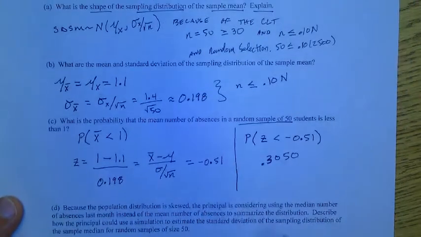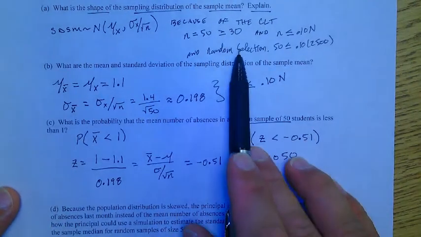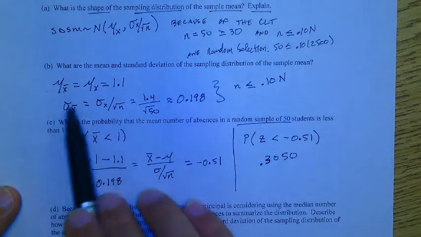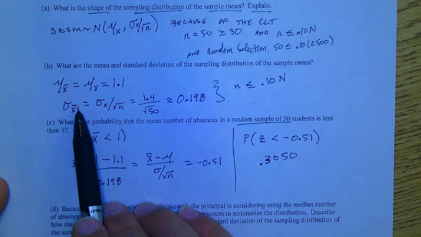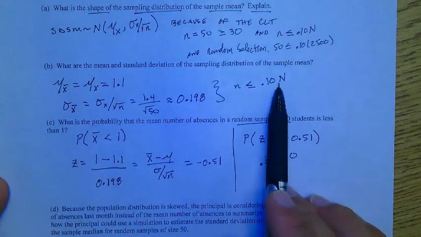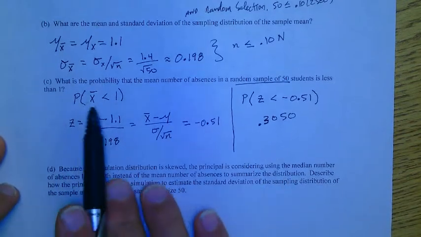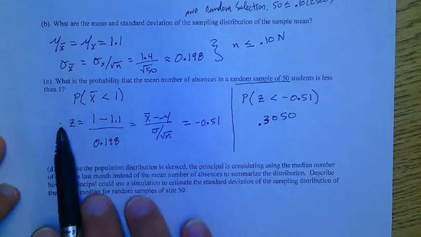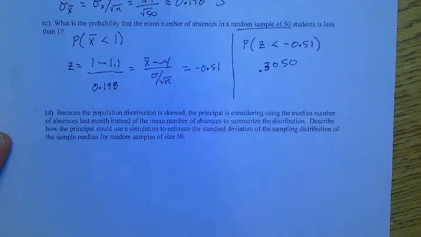Our shape is based on the central limit theorem and random selection, and we use our sampling distribution mean and standard deviation based on the 10% condition. Once I have that information, I can use these probabilities. Then read over part D, pause the video, and unpause when you want to check your answer.